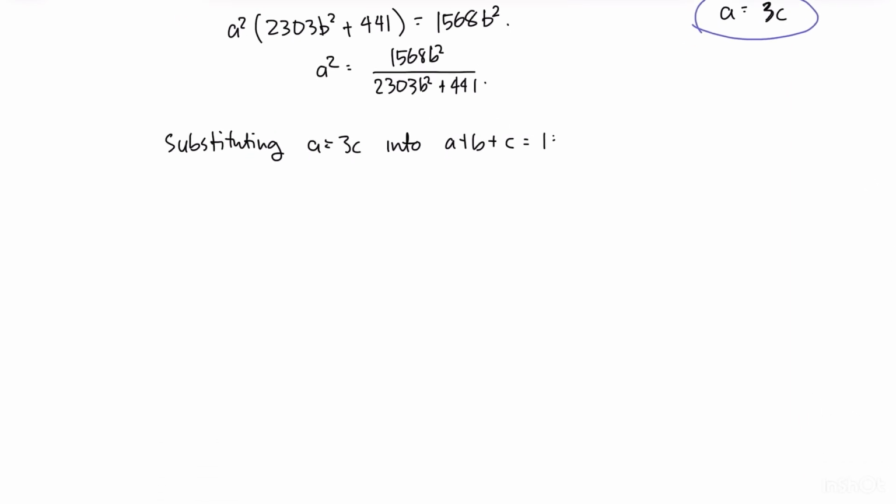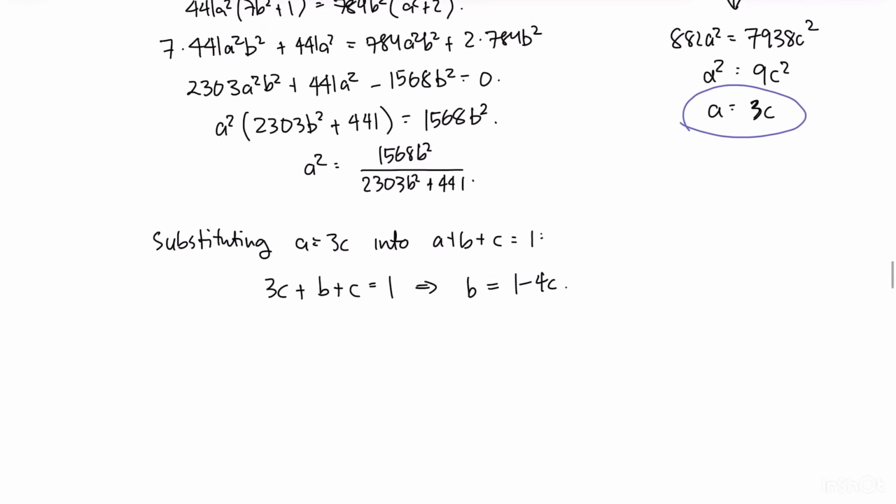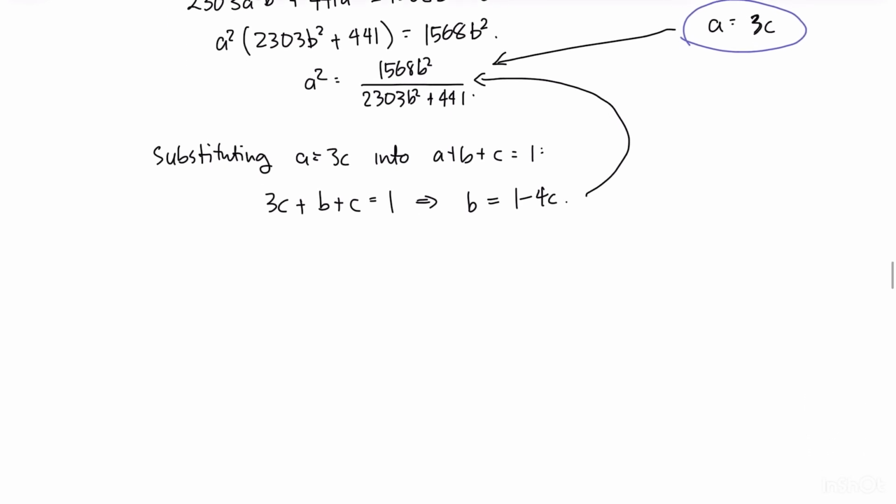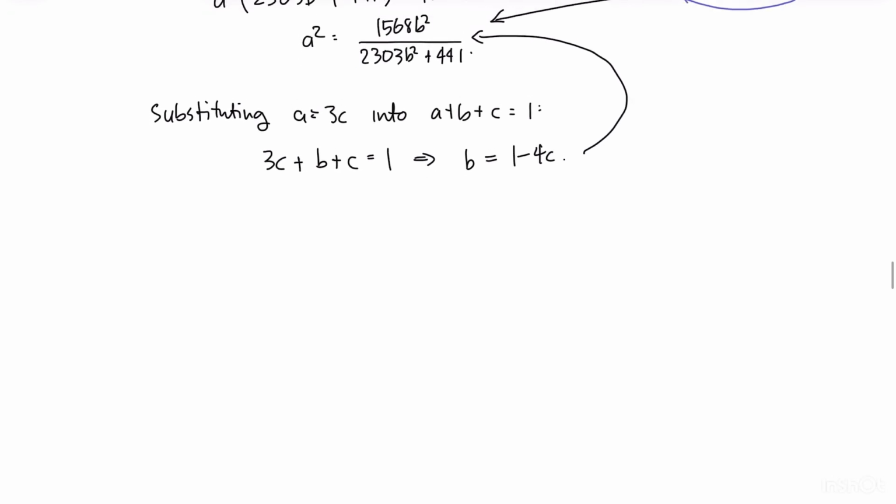Now this becomes 3c plus b plus c equals 1, which is b equals 1 minus 4c. So we now have b in terms of c. Now what I'm going to do is plug this back into here, and also a equals 3c here. So now we have this equation all in terms of c.